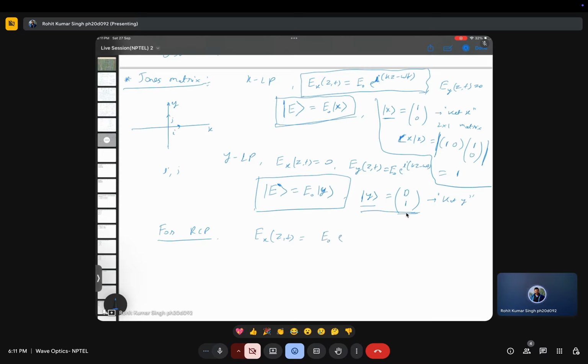So we have this kz minus omega t, and in y direction it should be shifted by pi by 2, right? So in y direction you have kz minus omega t plus pi by 2, right?